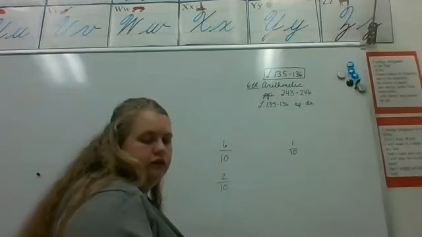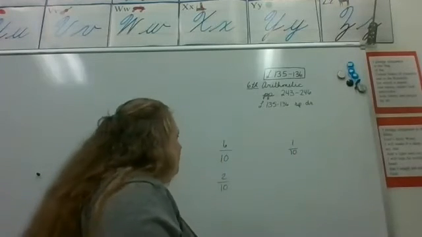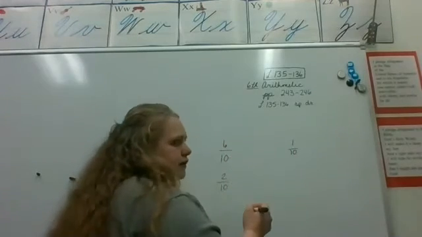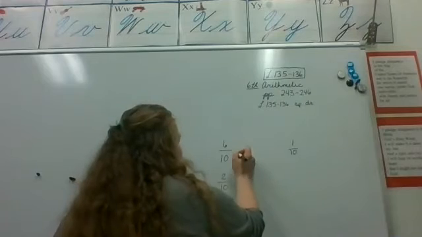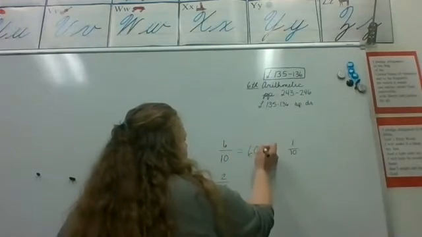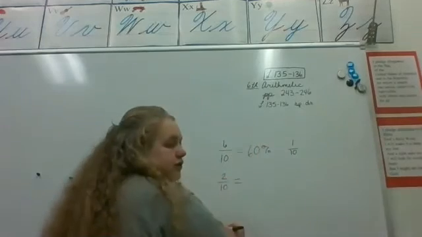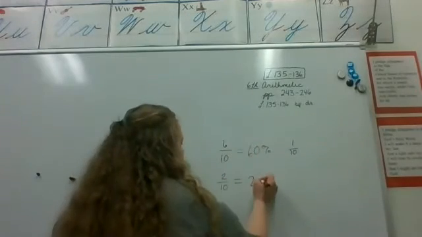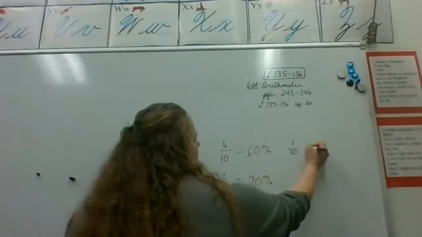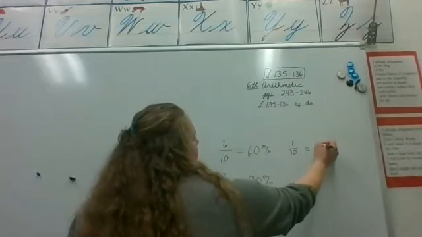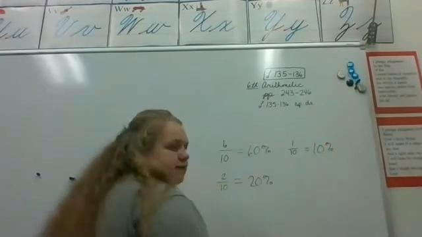So first of all, we've got our percentages, right? So 6 over 10 gives us 60. These ones, they made really simple for you. So this was 60. And then 2 over 10 is 20%. And then 1 over 10 is 10%, okay?